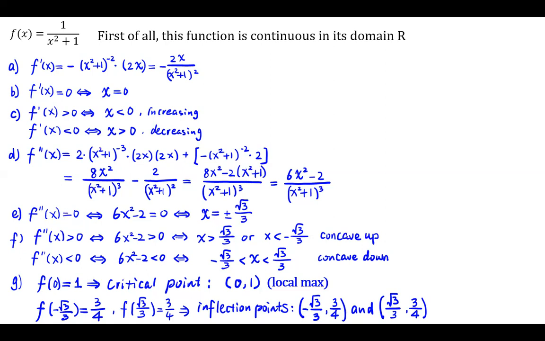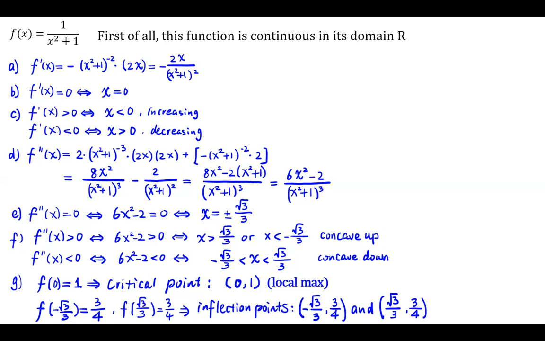In these intervals, this function is concave up. And next, let's find any interval that makes the second derivative less than 0. The solution is x is between negative square root of 3 over 3 and positive square root of 3 over 3. In this interval, this function is concave down.